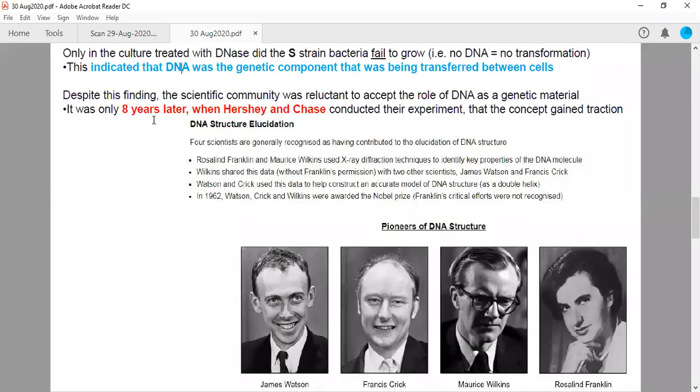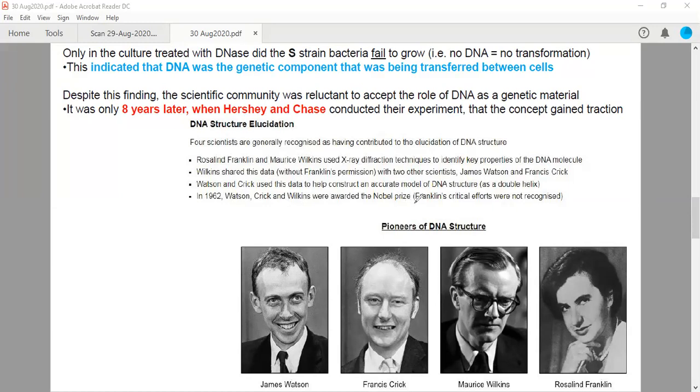Only after 8 years, when Hershey and Chase performed the phage experiments, did they finally believe that DNA is the genetic material. Then four scientists elucidated the structure of DNA, and it was finally established that DNA is the genetic material.